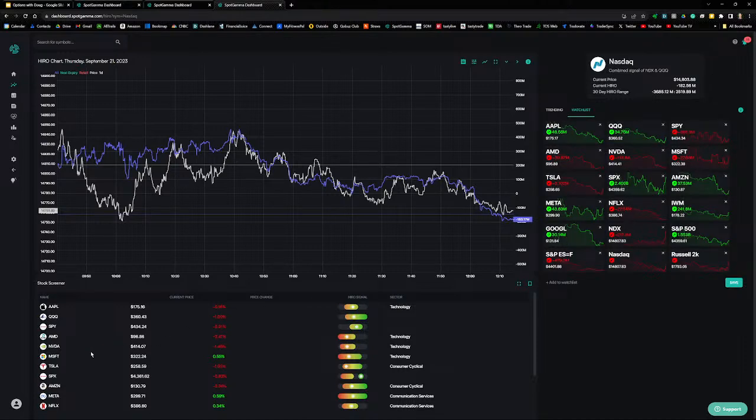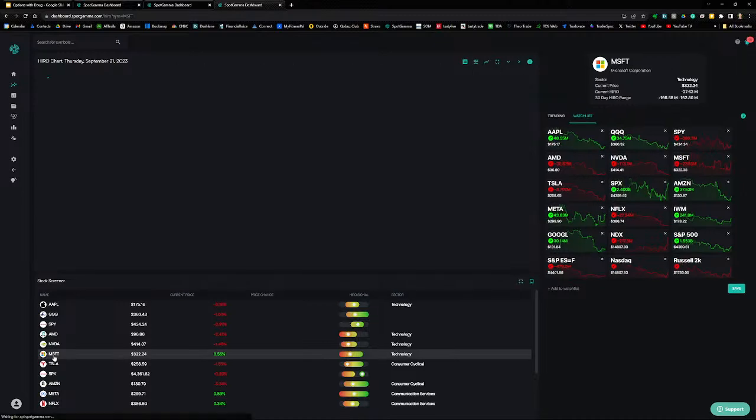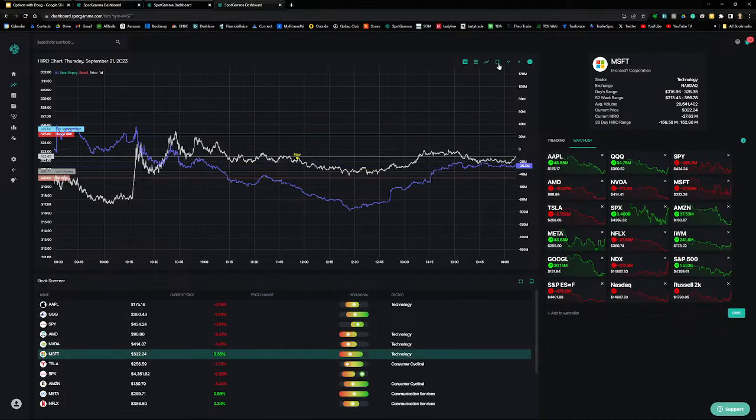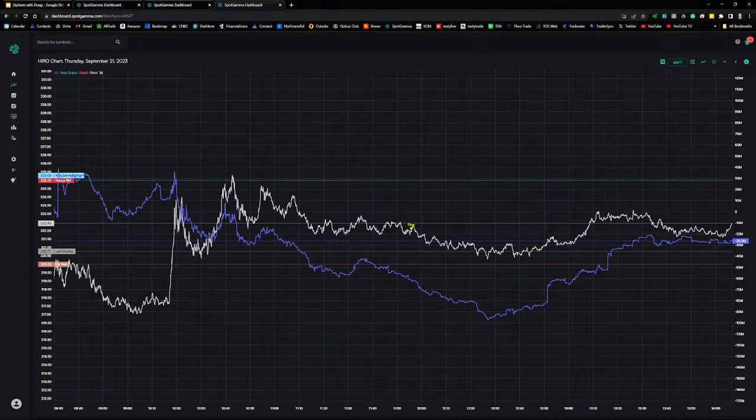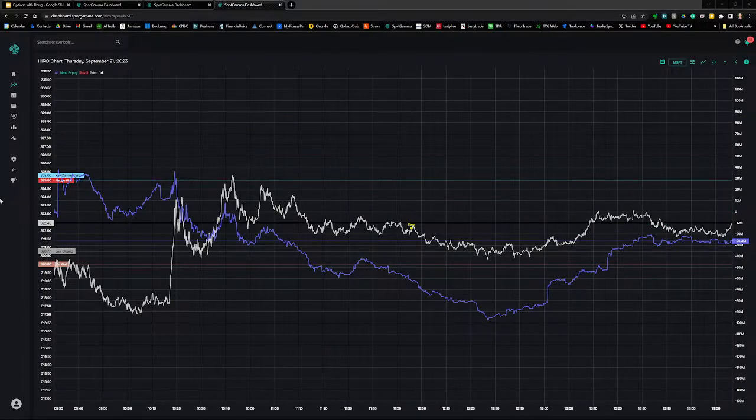So let's go to Microsoft. Zoom in on this chart. So here's the 325 level, key gamma strike, hedge wall. There's the sharp move higher after the news.